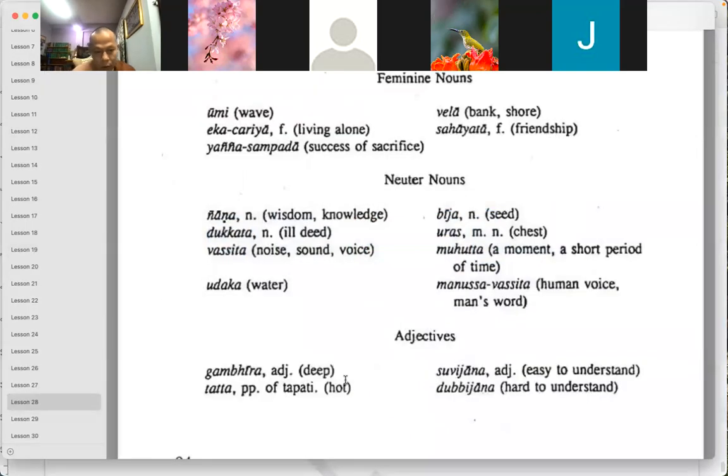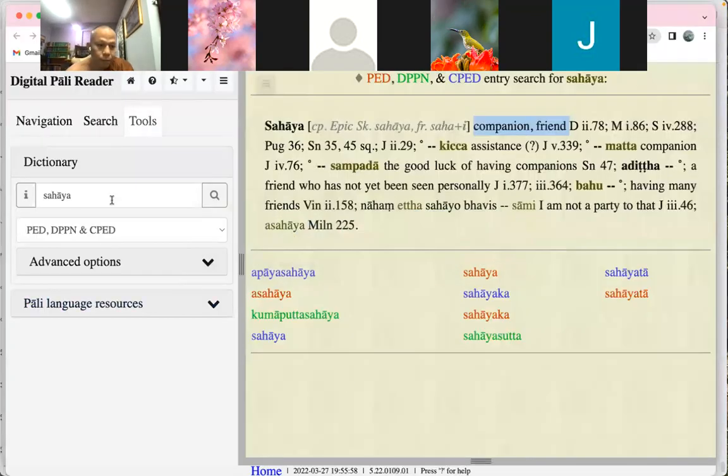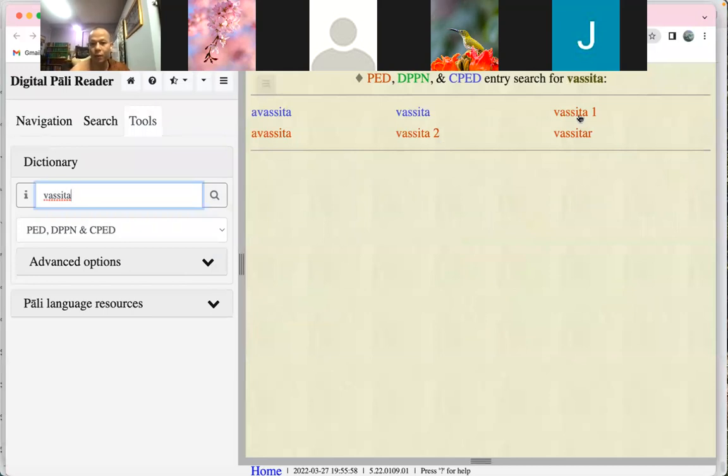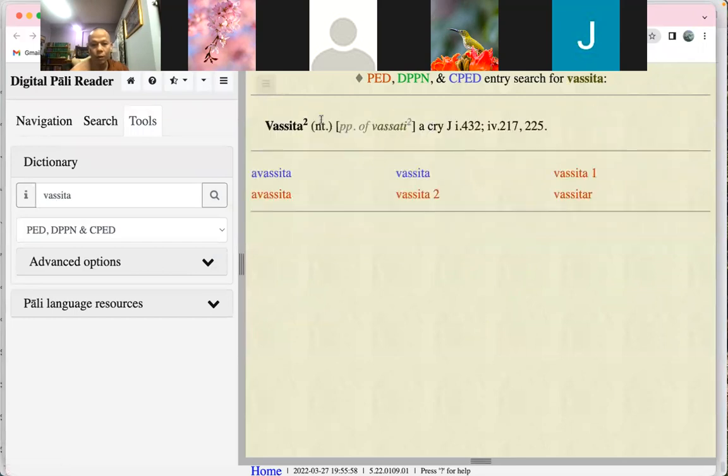The same way, the next word is vassita. Is vassita a past participle adjective or not? Let's see. Vassita is actually a past participle adjective, I think, meaning sprinkled with or endowed with. Vassita also was a past participle, but later used as a noun.